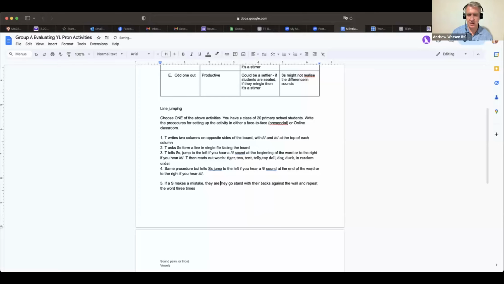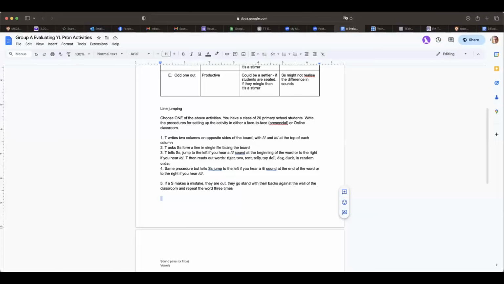They have to go and stand with their backs against the wall of the classroom and repeat the word 3 times. It's a punishment. What do you think, teacher? Anna Marie and Paula, do you think that sounds okay? Yeah. Better than ours.